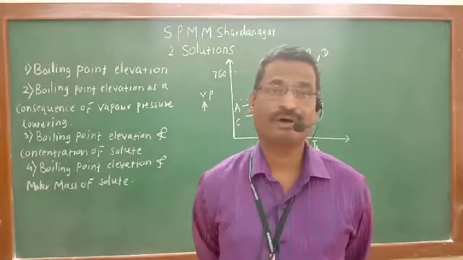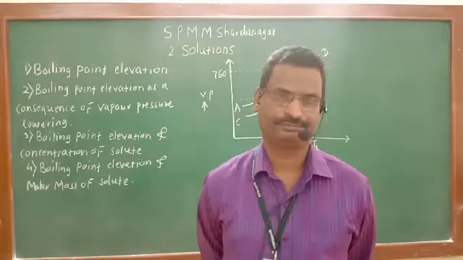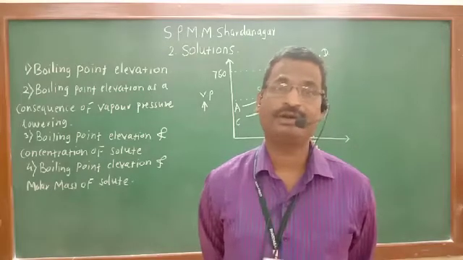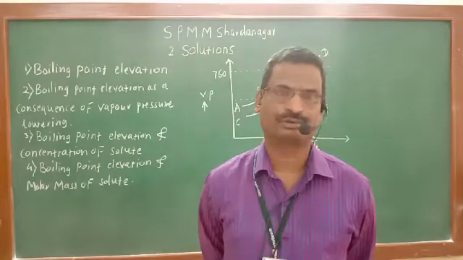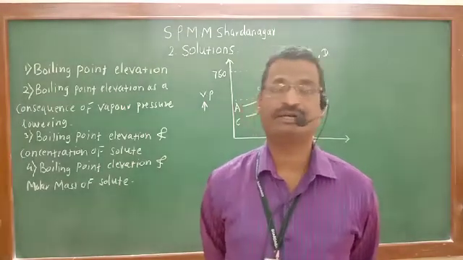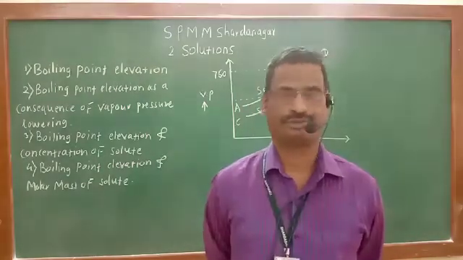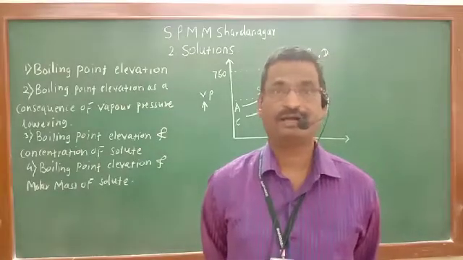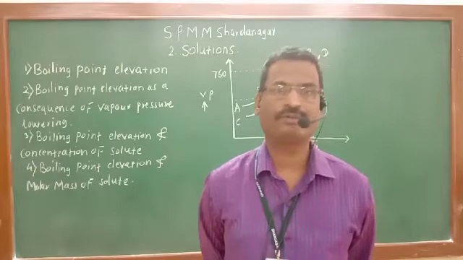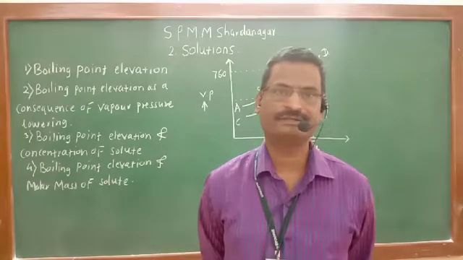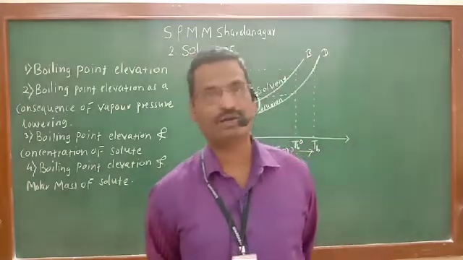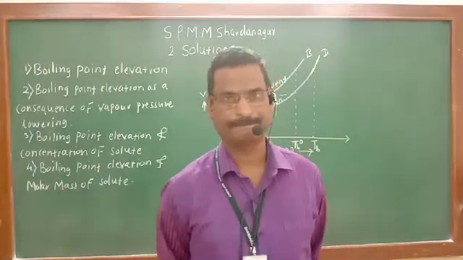They are properties of very dilute solutions, of non-volatile, non-electrolyte solutes, and we have studied them for aqueous solutions. The main application of colligative properties is to determine the molar mass of a non-volatile, non-electrolyte solute.